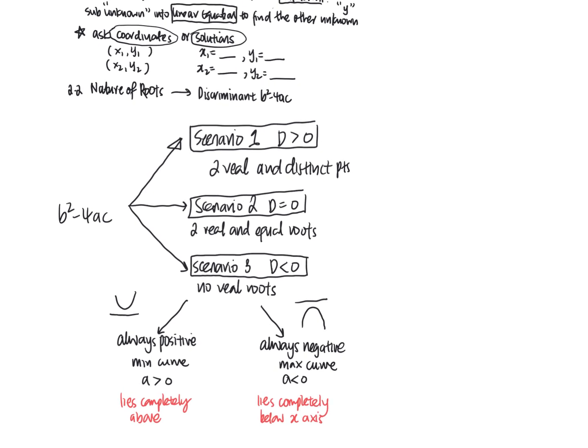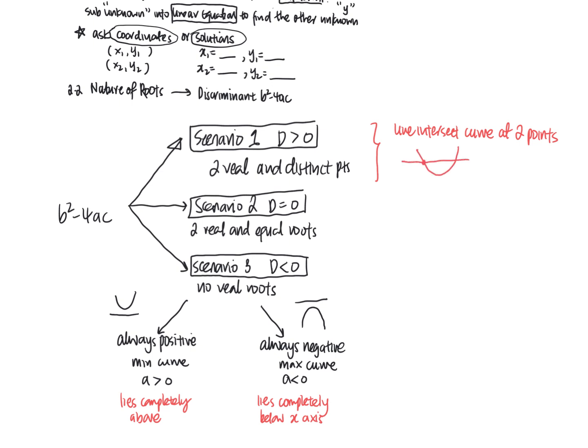Okay, so this same part, what is different in 2.2 is that instead of writing 2 distinct real roots, they change it to line intersect curve at 2 points. Okay, they use geometry to explain the scenario. They tell you that your line cuts the curve at 2 points.